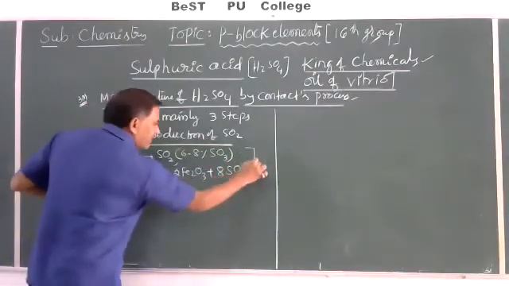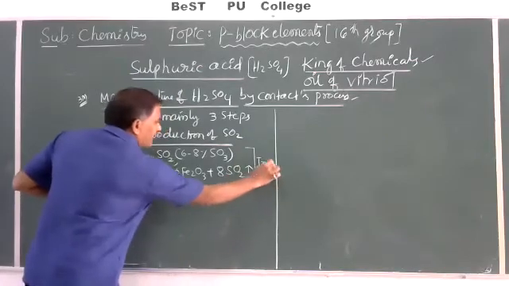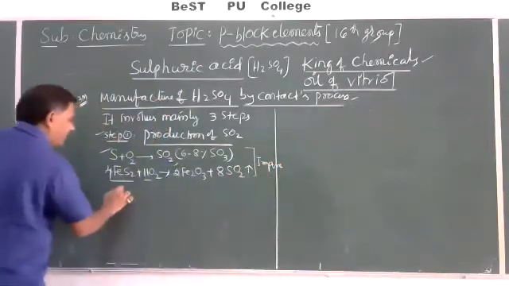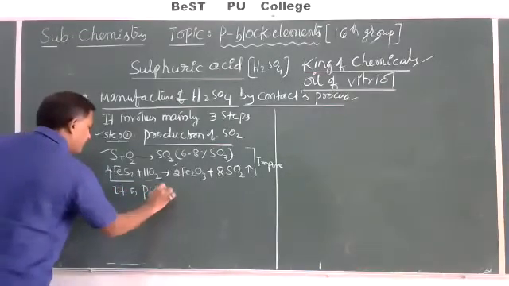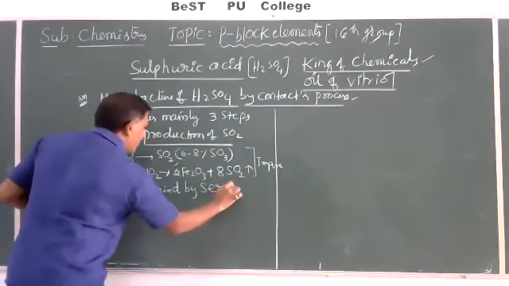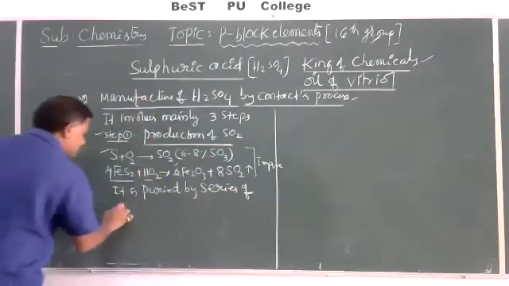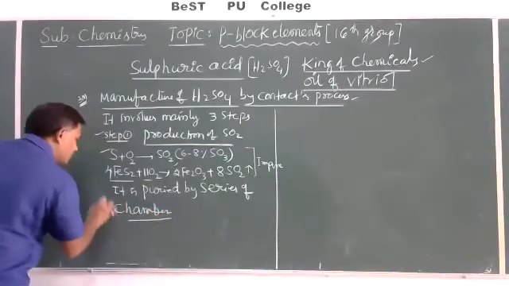The obtained sulfur dioxide is impure. That impure sulfur dioxide is purified by a series of chambers. Series of chambers diagram, I'll explain how to purify it.